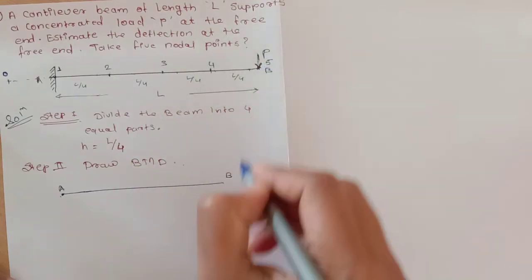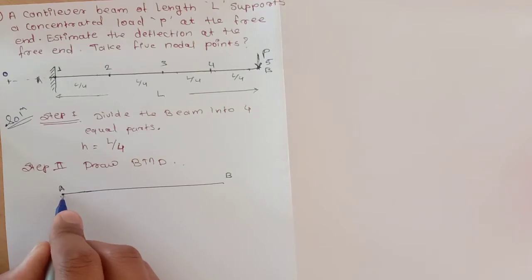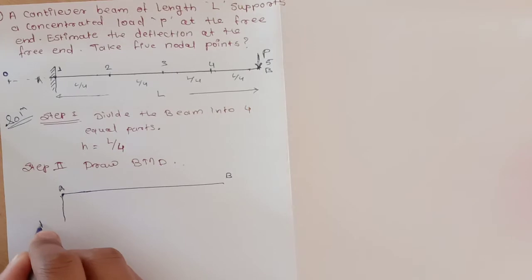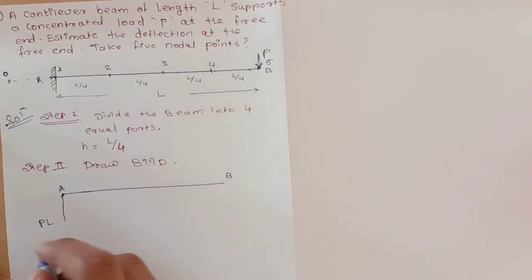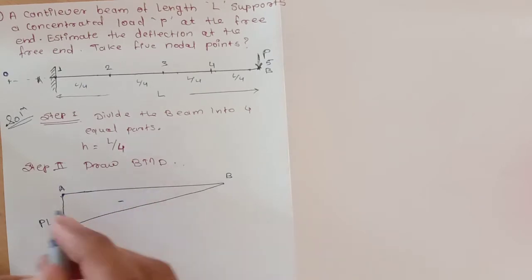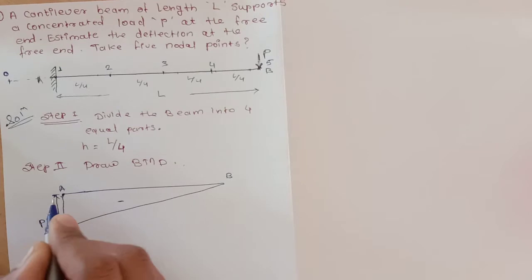So P into the total distance L. That means at point A, the bending moment is PL, where P is the point load and the total distance is L. So this is the bending moment diagram, like that, negative. The total is P into L.